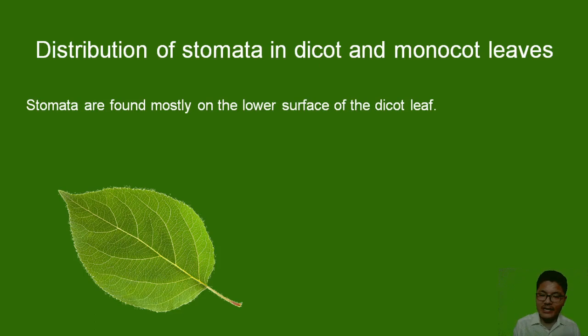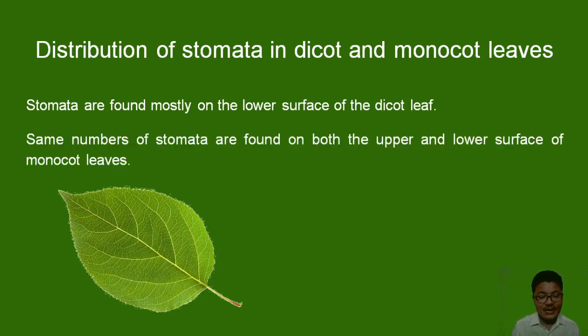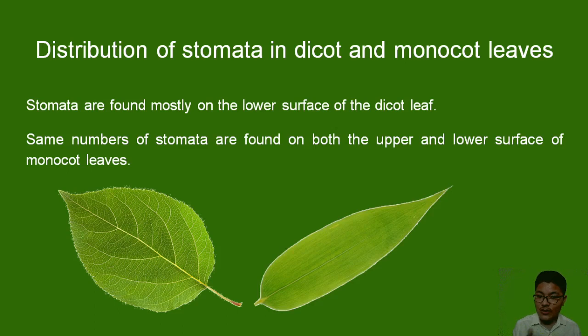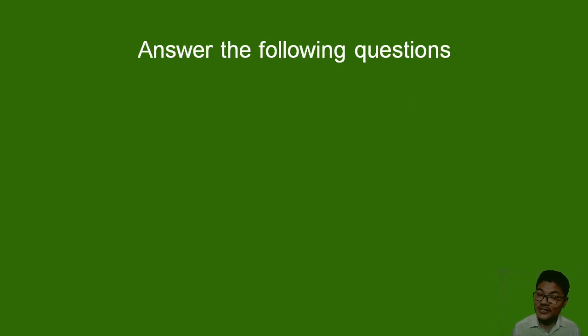In most plants, there are no stomata on the upper surface of the leaf of dicot plants. Now in monocots, the distribution of stomata on the upper surface and lower surface is equal. So in monocot leaves, there is equal distribution of stomata on the upper and lower surfaces of the leaves.